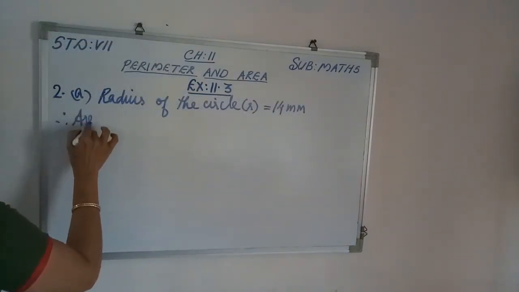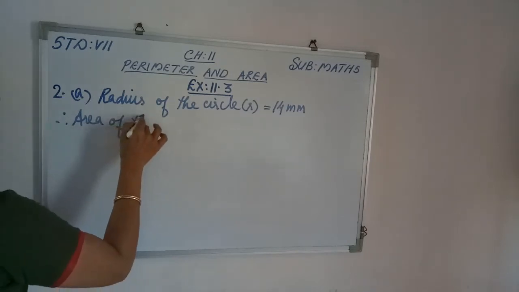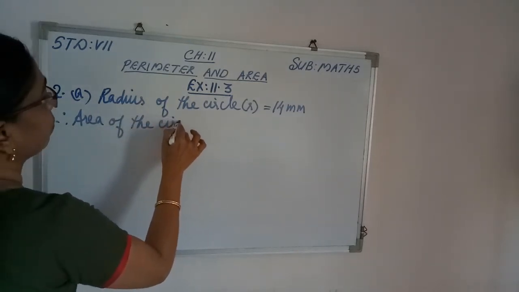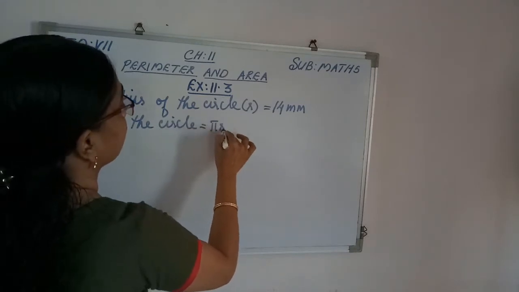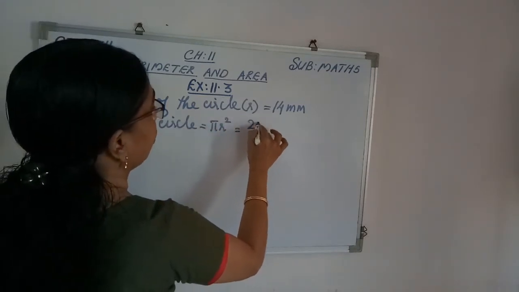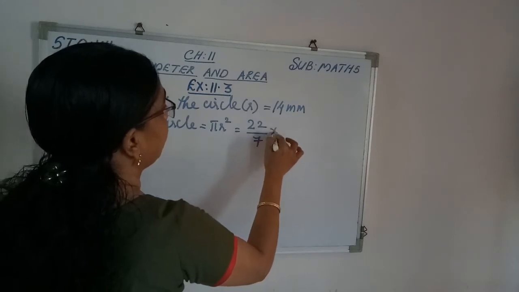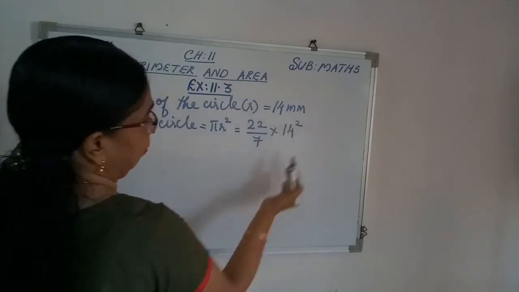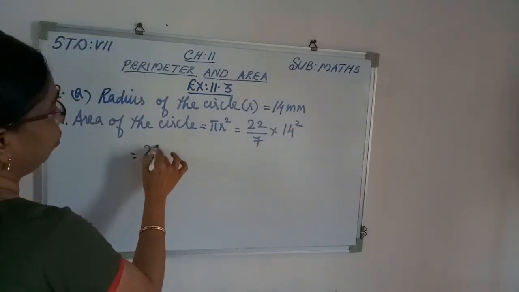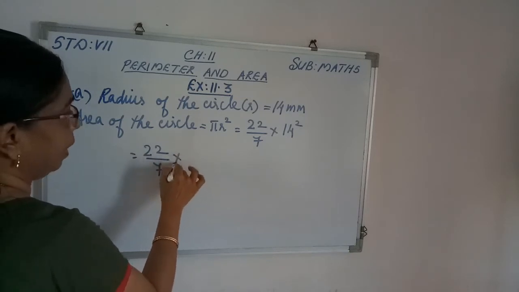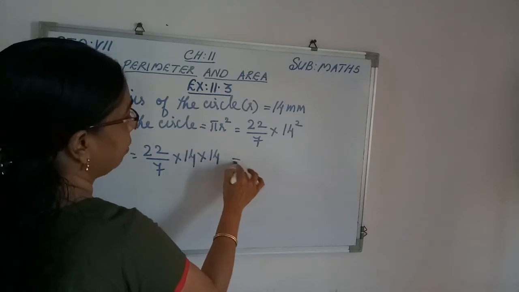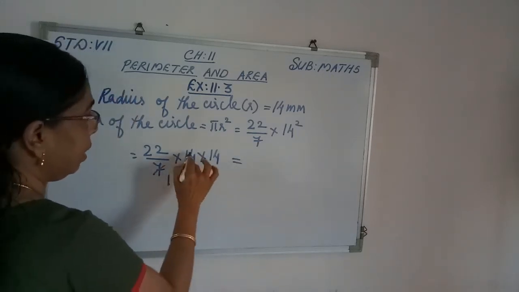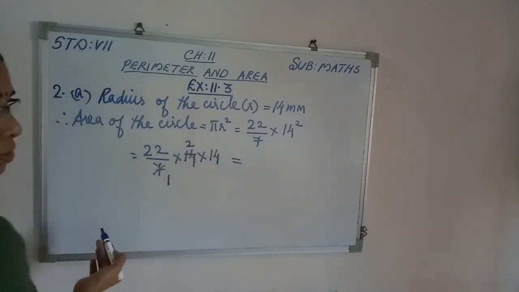Therefore, area of the circle, what's the formula? Pi r square. That's equal to 22 upon 7 multiplied by 14 square. 14 square means 14 multiplied by 14. 7 ones are 7, 7 twos are 14.